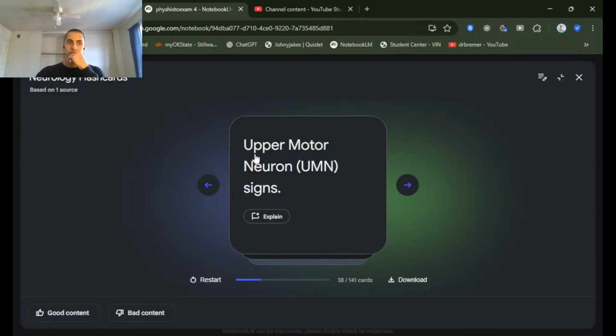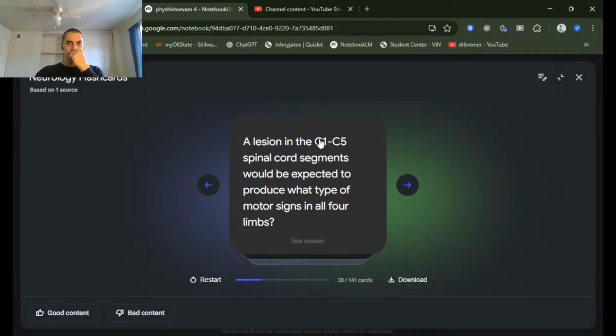No. Upper motor neuron signs. Man, this is hard. Not getting these. Why? C1 to C5.